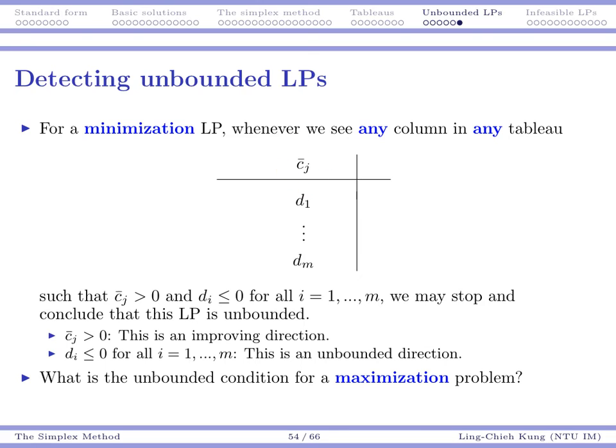The positive reduced cost tells you that for this minimization problem, once you enter this variable and increase it by 1, you are going to get improvement. Your objective value will decrease, and that means this is an improving direction. And all your denominators are not positive. That means when you enter xj, either a basic variable goes up or it is not affected by xj. Then there is no way for them to become 0, and this is an unbounded direction.